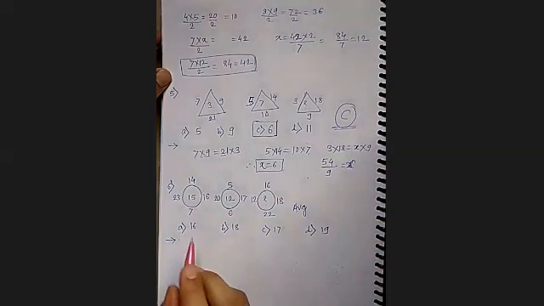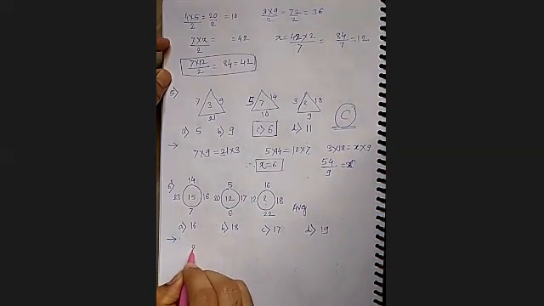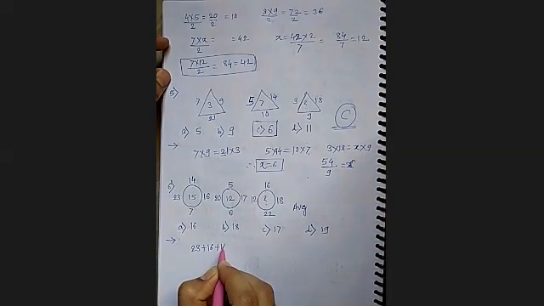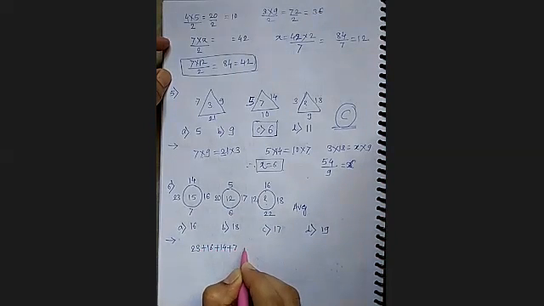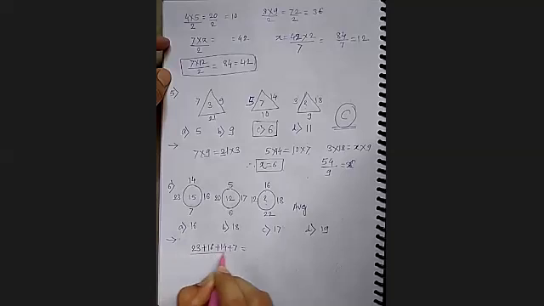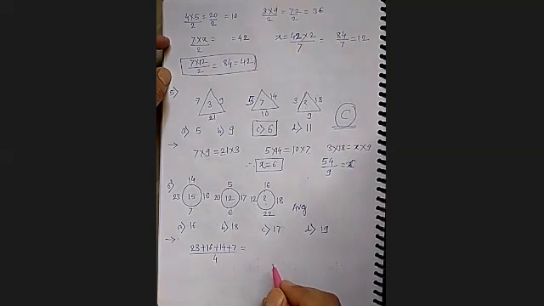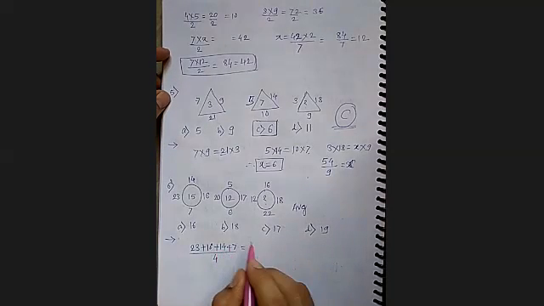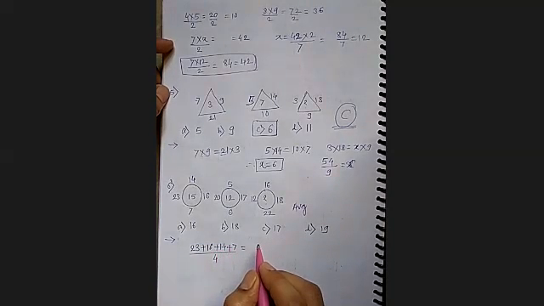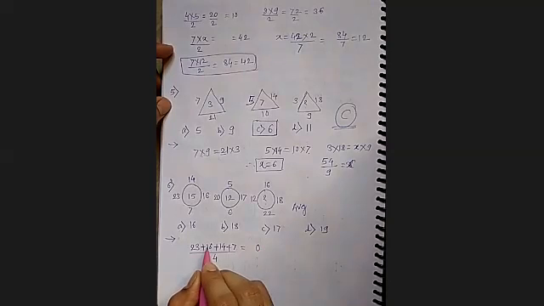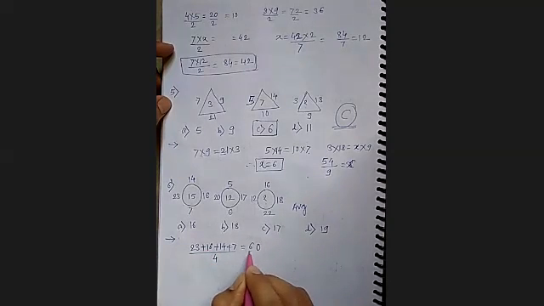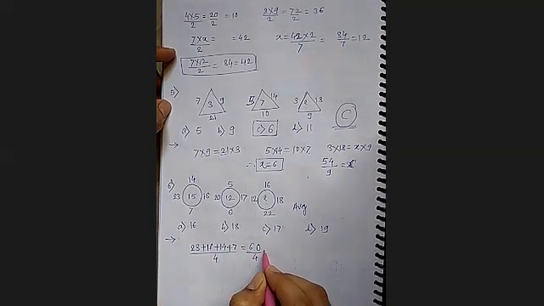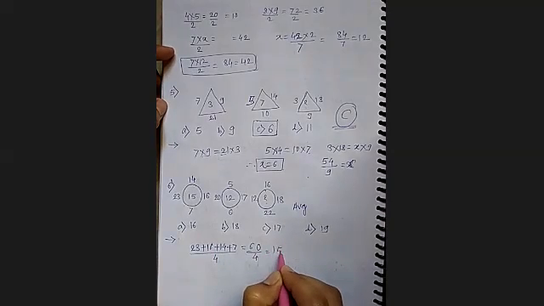Let's check for one sample. 23 plus 16 plus 14 plus 7, divided by 4, because we are averaging it. So it becomes 60 divided by 4, which results in 15.